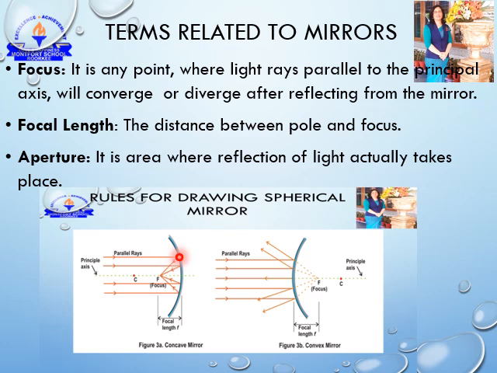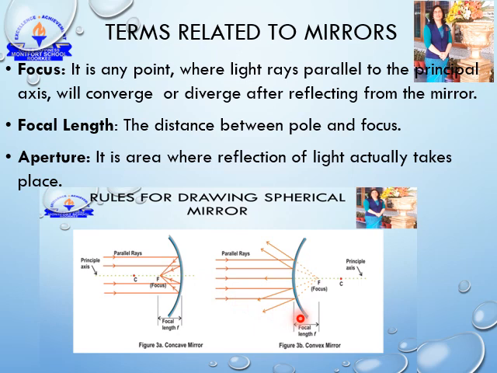You can see these reflected rays are meeting at one point. This point where the reflected rays meet after reflection is known as focus. This meeting of rays is also known as convergence in the case of a concave mirror.